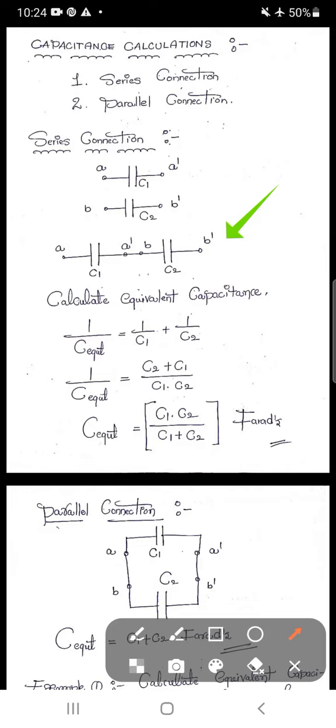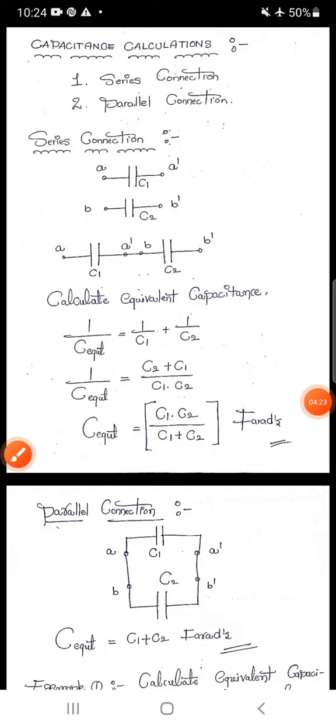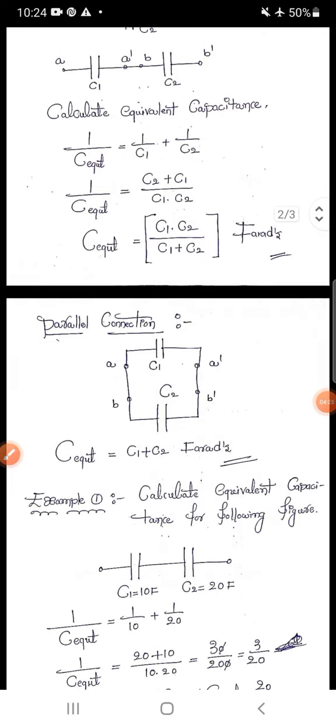That is why, whenever two capacitors are connected in series, we need to consider the addition of reciprocals of those capacitors. So the reciprocal of equivalent capacitance is equal to the sum of reciprocals of C1 and C2, that is, 1 by C1 plus 1 by C2. If you know the values of C1 and C2, substitute like this and you will get the value of C equivalent.